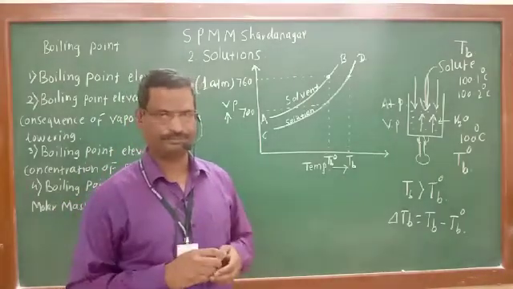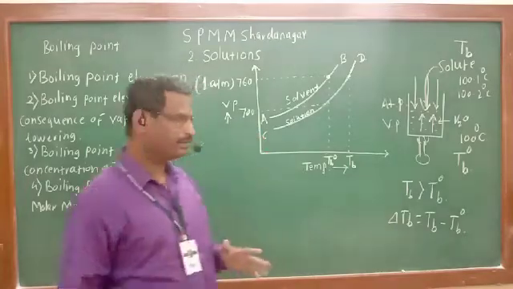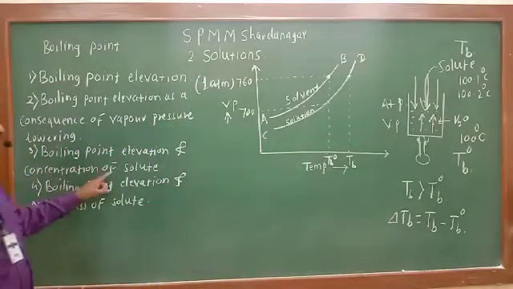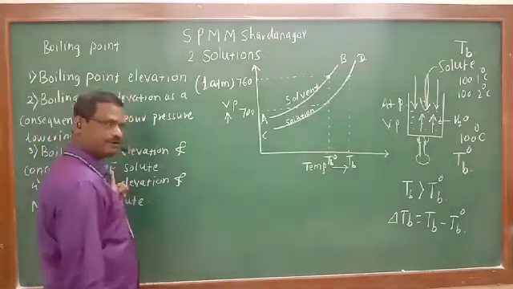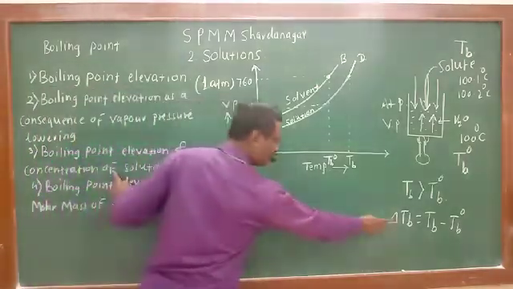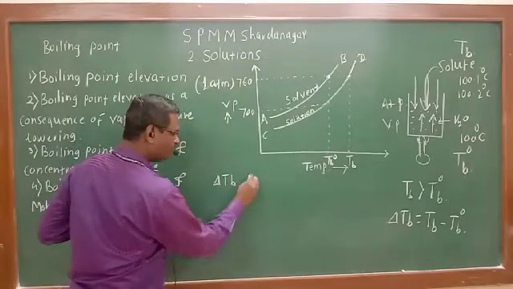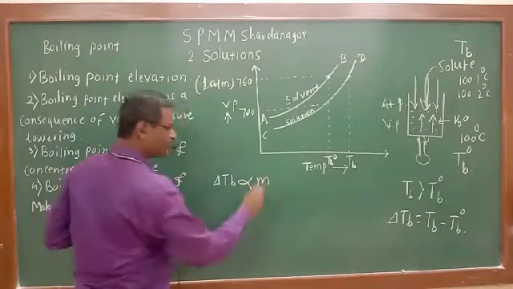That relation we know. Here direct relation is given between boiling point elevation and concentration of solute. It is observed that this boiling point elevation delta TB is directly proportional to m.